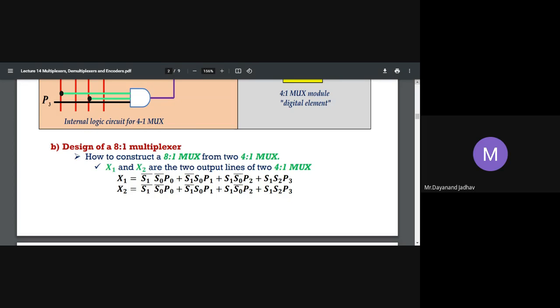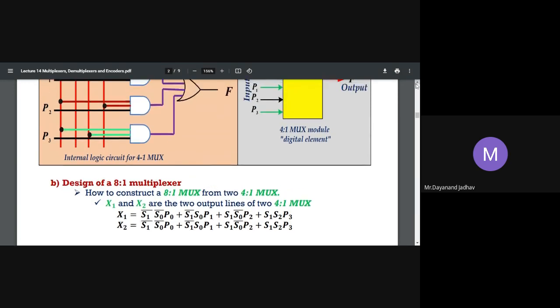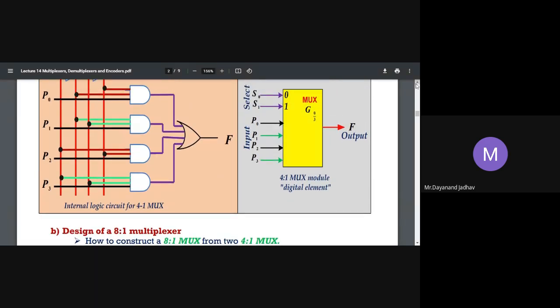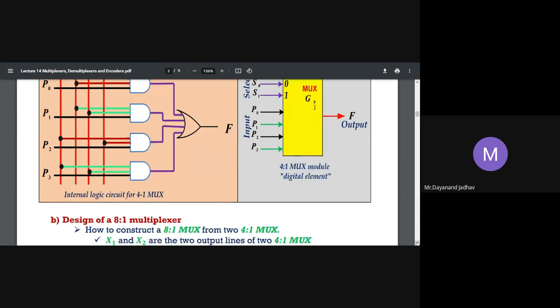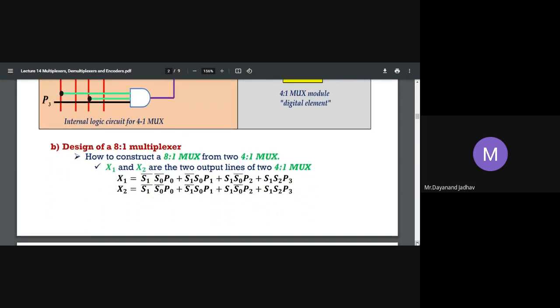If suppose S0, S1, S2 are 0, 0, 0, then P0 is selected in the output. Like that, we have to implement it just like the 4 to 1 mux. How can we implement this? Just like that, we can implement the 8 to 1 mux. How to construct an 8 to 1 mux from two 4 to 1 muxes? This is one of the problems.